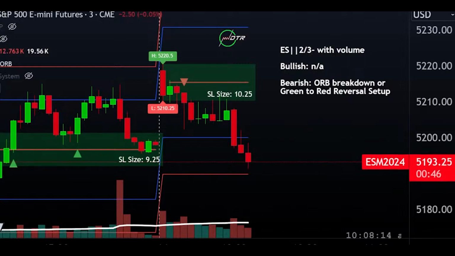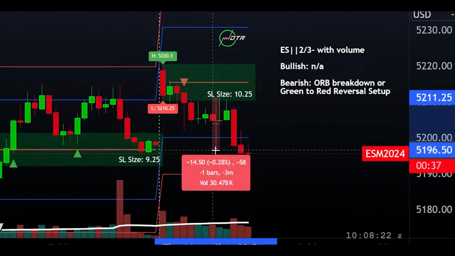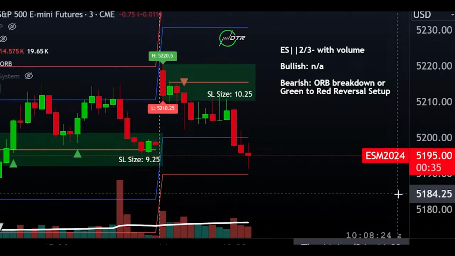Annoyed, this is a paper trade. That sucks. But if we can get back-to-back 20-point wins.